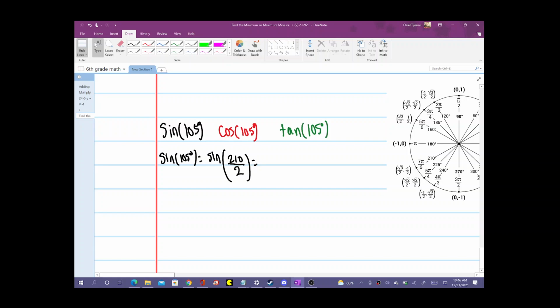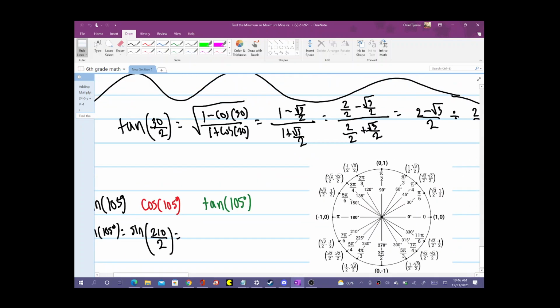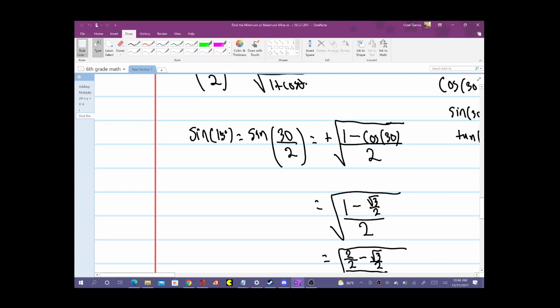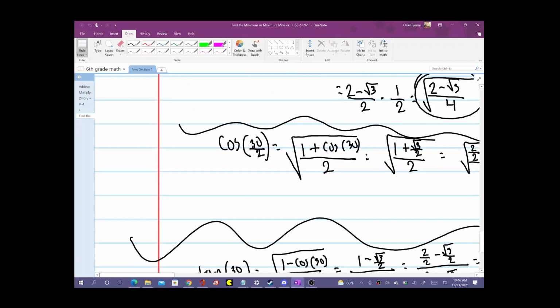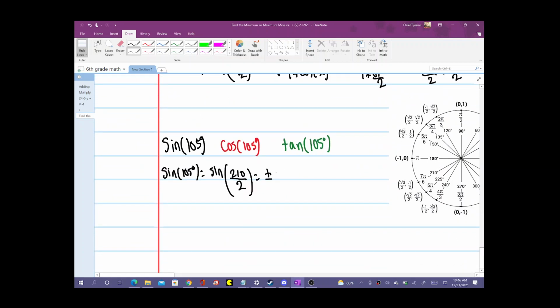So then what you're gonna do is, sine of 210 over 2, if you look at your half-angle identity, it's gonna be plus or minus the square root of 1 minus cosine of theta over 2.